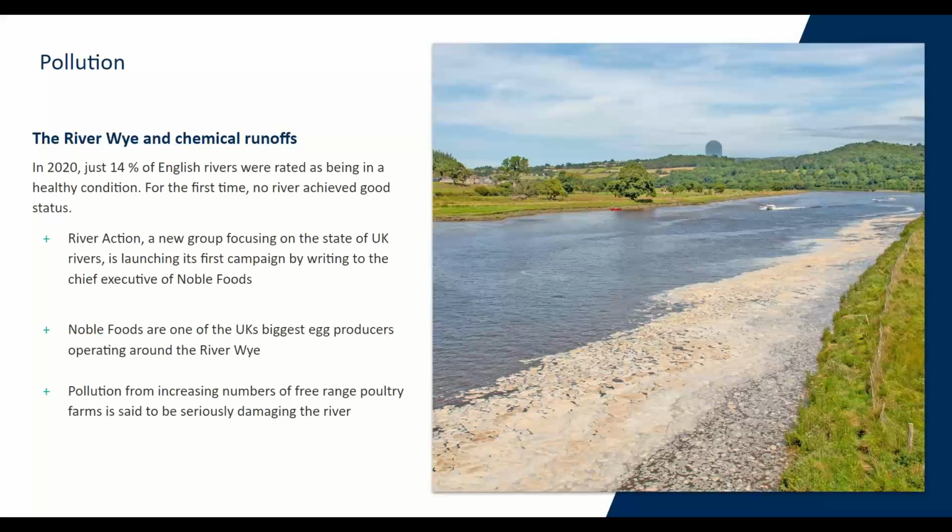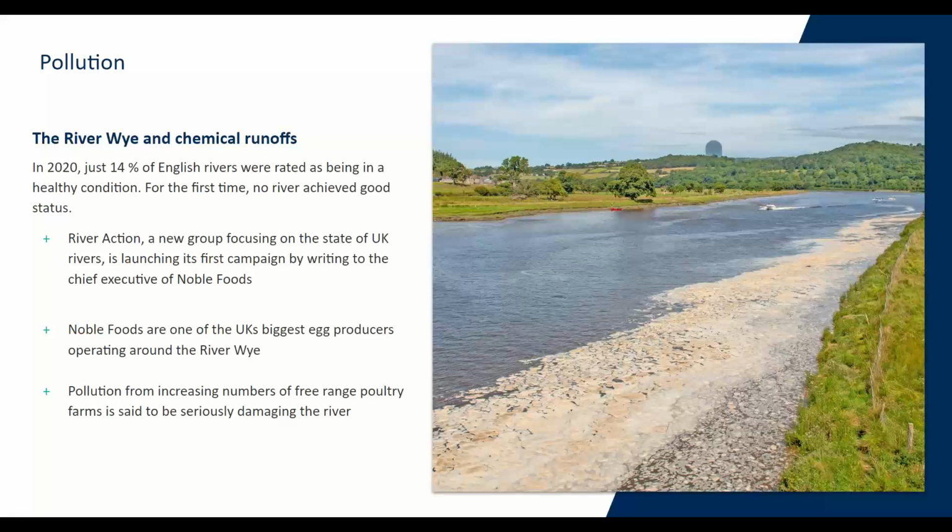And a spokesperson for Noble Foods told The Guardian that they take their responsibility to protect the environment extremely seriously, and they have been working in close collaboration with various agricultural food partnerships and the Wye River Trust Soil Erosion Group to develop long-term solutions to this complex situation that affects the entire agricultural industry. And it's their aim to deliver a plan that can successfully be implemented across the farming sector.